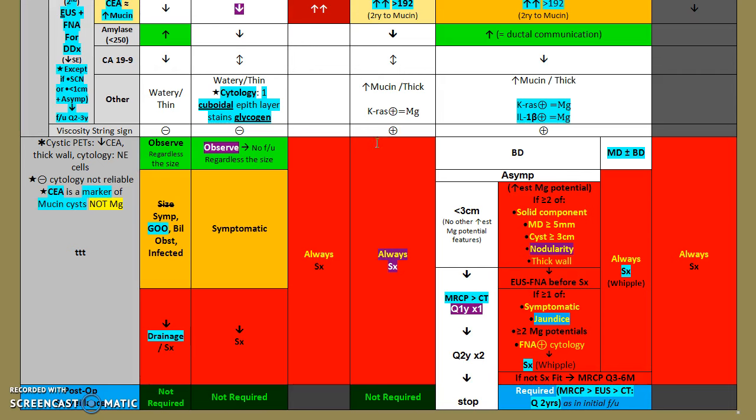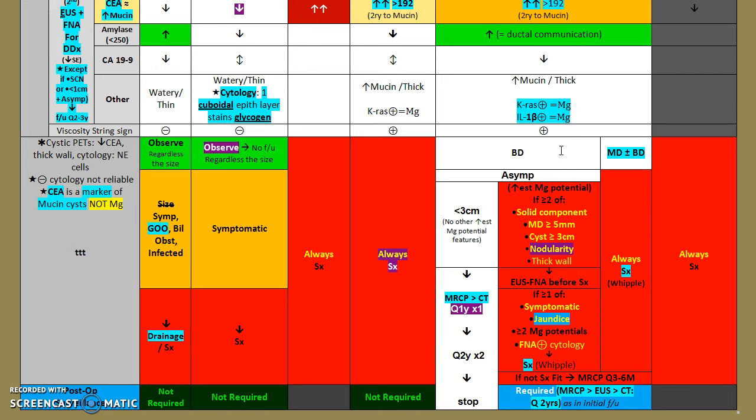Same thing for the mucinous cystadenoma. This is the opposite type of management. If the patient was found to have a mucinous cystadenoma, you always send that patient for surgery. You don't wait for symptoms. And once you do the surgery, you don't need to follow with any imaging.